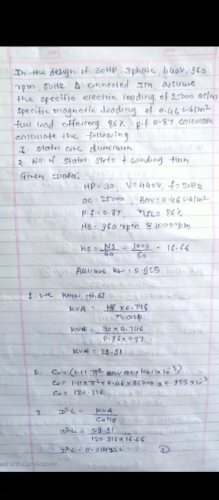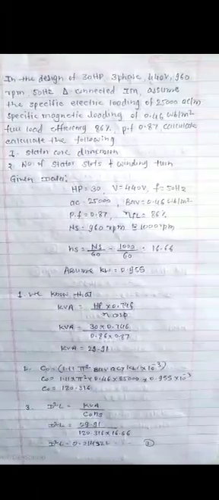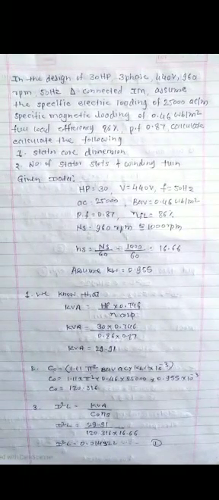That first problem, I will read. In the design of 30 HP, 3 phase, 440 volt, 960 RPM, 50 Hertz, delta connected induction motor, assume the specific electric loading of 25,000 and specific magnetic loading of 0.46 Weber per meter square.